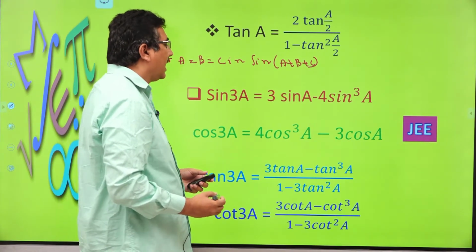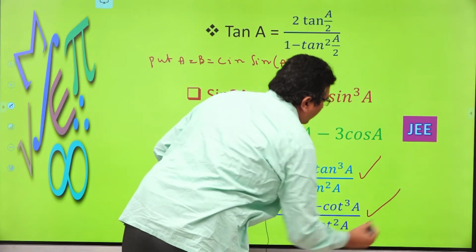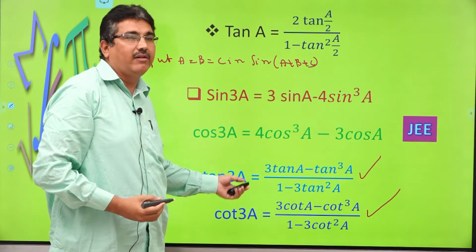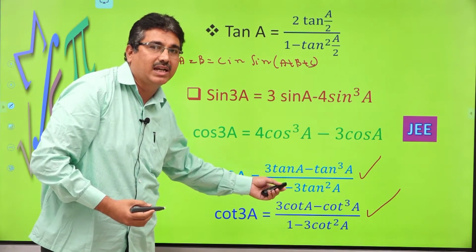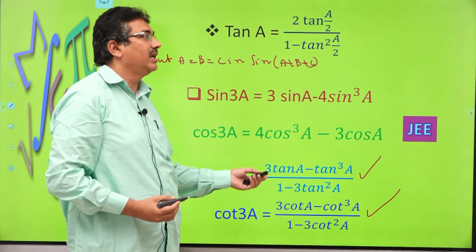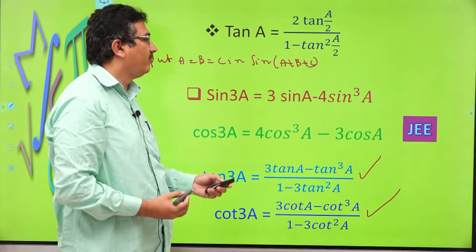Observe that the tan 3A formula and cot 3A formula are both of the same type. Simply, in the tan 3A formula, tan A is present, and in the cot 3A formula, cot A is present. Otherwise, the formula is of the same type.